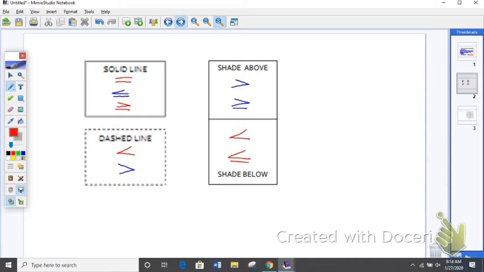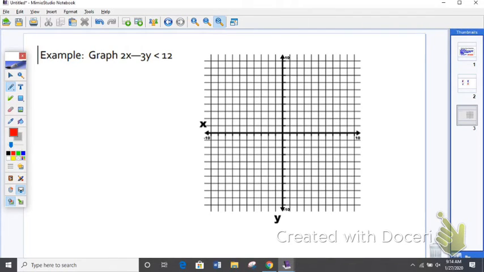So we're going to do the example and apply those. So again, our first step says we need to solve for y. So I have the equation 2x minus 3y is less than 12. So what's the first thing I'm going to do towards getting that y by itself?